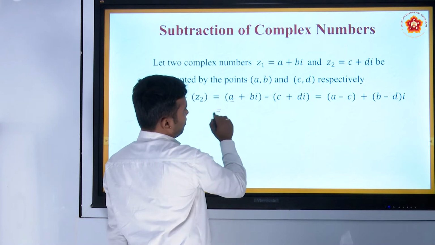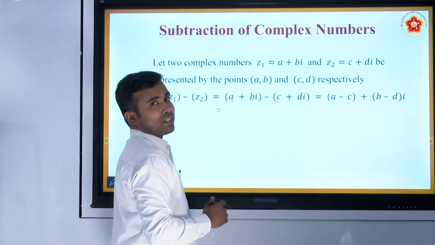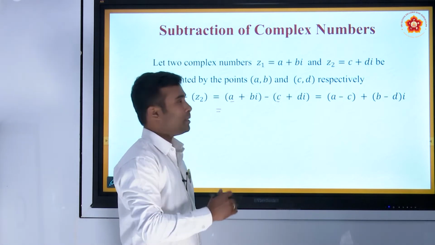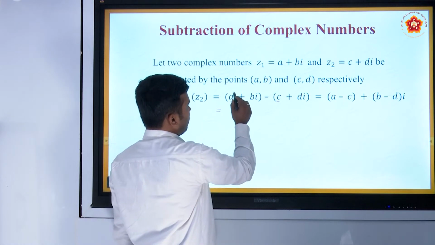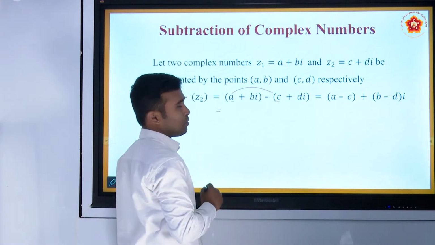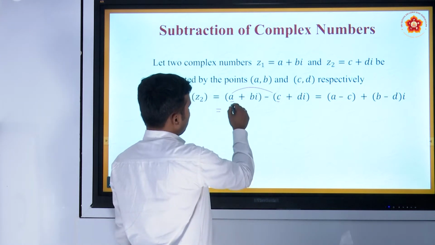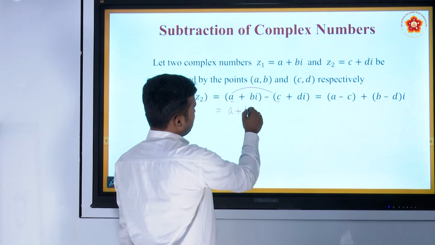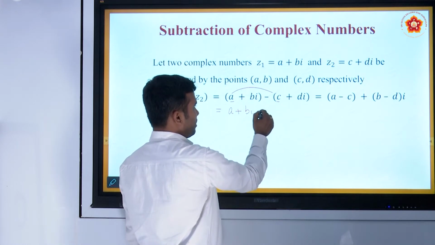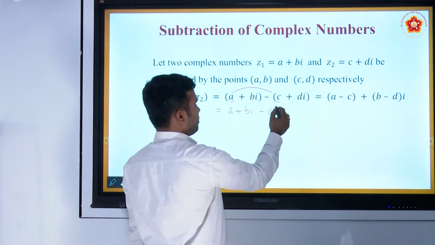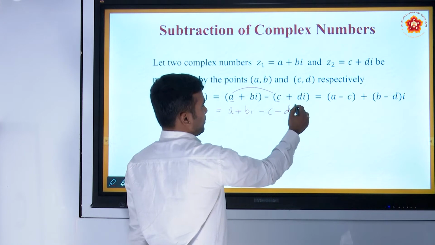Here A is the real part, and the corresponding real part in the other complex number Z2 is C. So we have to do the subtraction of the corresponding real and imaginary parts respectively. If you do so, A plus Bi, and you multiply this minus into the complex number, it becomes minus C, and minus into plus becomes minus Di.